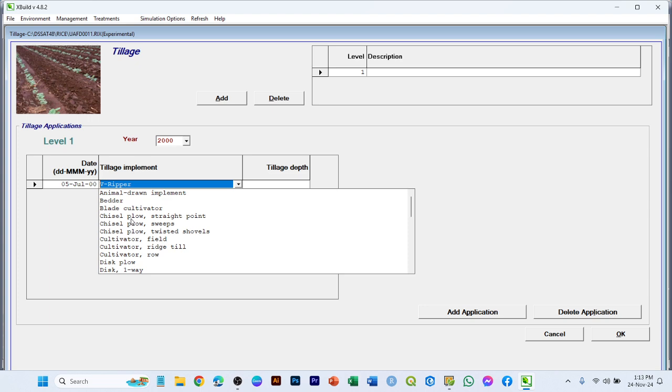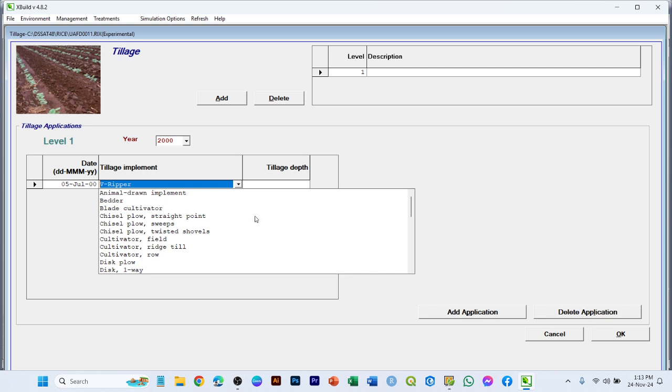These are different types of implements that are used in tillage. So again, it is applied by soil scientists, not the environment. Sometimes there is zero tillage as well. For example, so you can go ahead. Okay, understand?